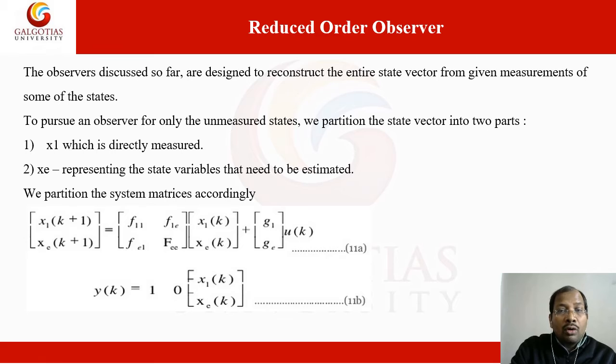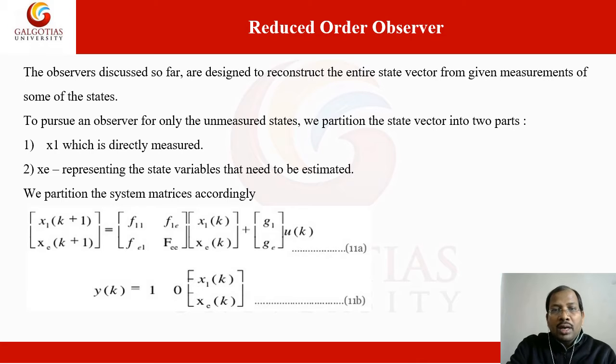Why should we measure all 10 states? We want to estimate only 2 states, so we go for the reduced order observer. We are not going to estimate all 10 state variables, only the 2 state variables that are unmeasurable and that we cannot measure. In this way, we can opt for the reduced order observer.